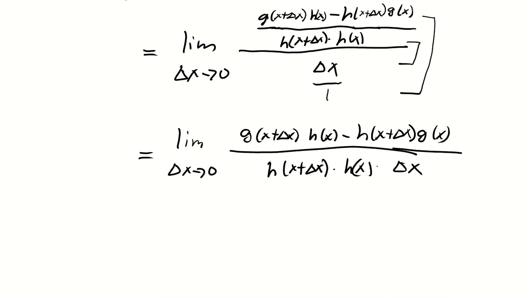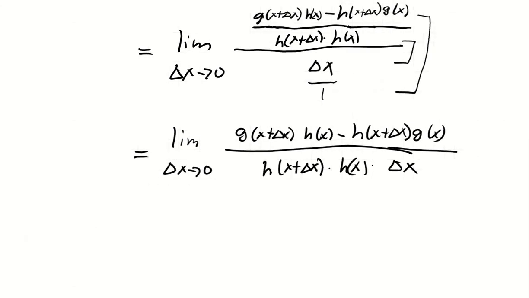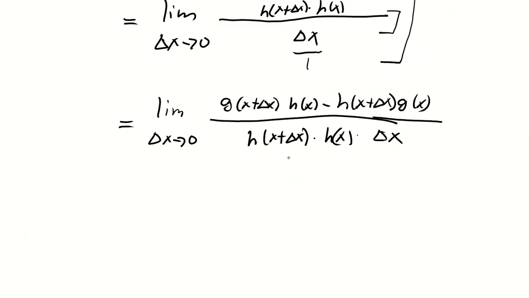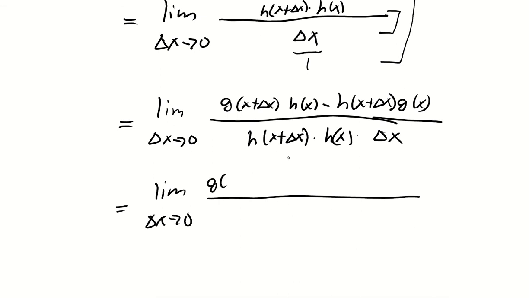Then we can now again apply some trick on the numerator. Here, we need to add again 0, as delta x approaches 0. So g of x plus delta x times h of x. So we need to add this time g of x times h of x.